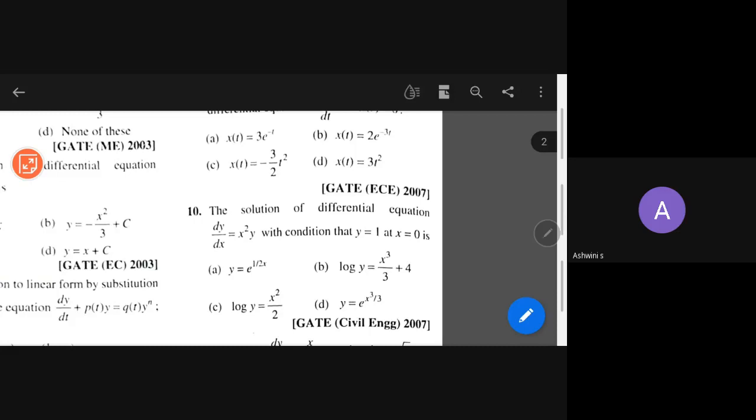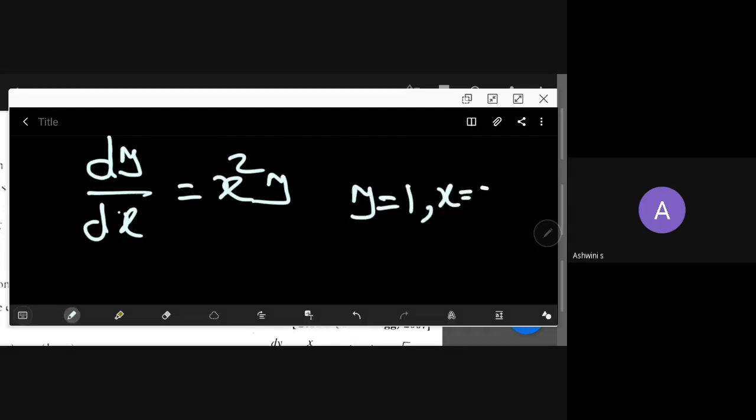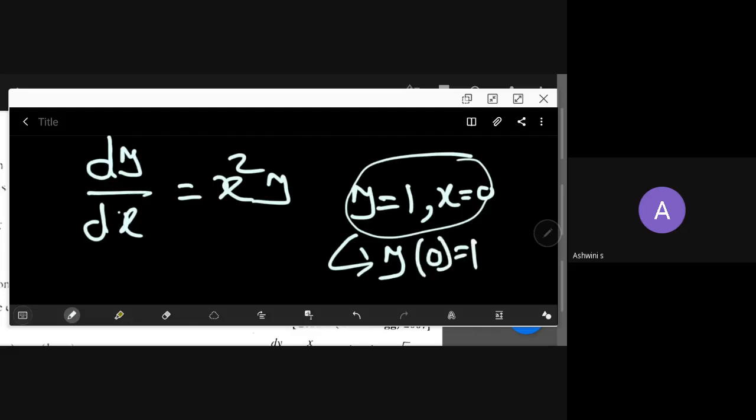That is additional information. What is the meaning of this? x is equal to 0, y is equal to 1. The meaning of this is y of 0 is 1.